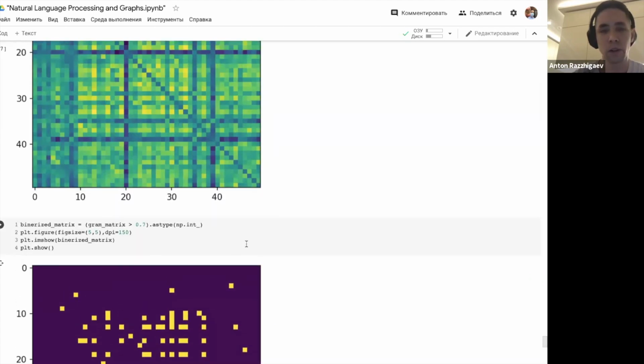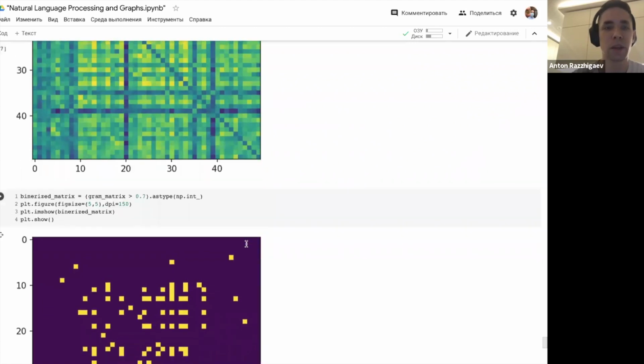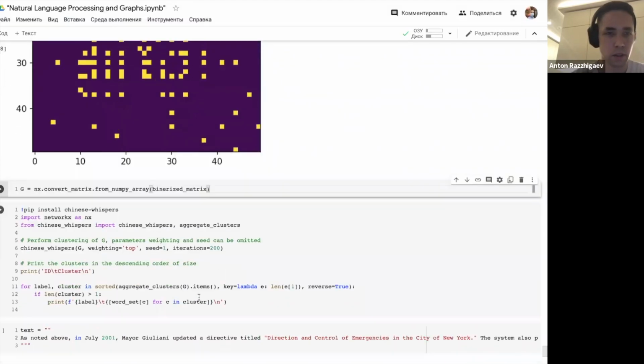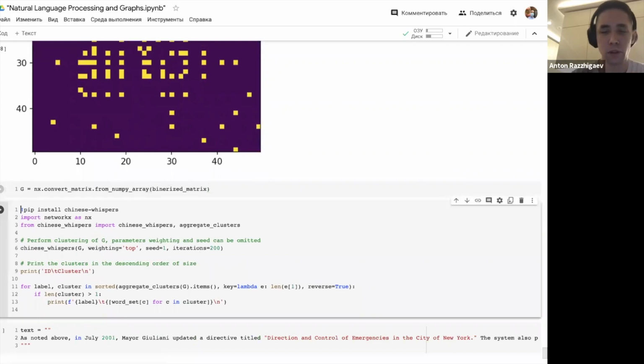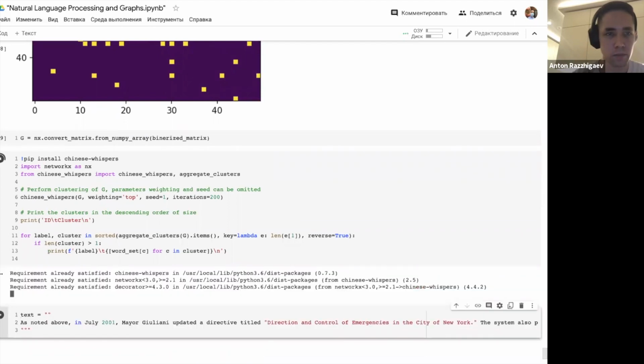We leave only the strongest edges between words in our text. Convert it to a NetworkX graph object and clusterize.